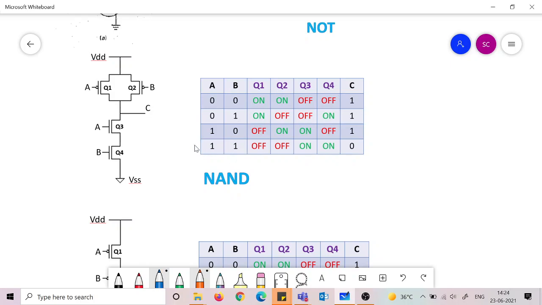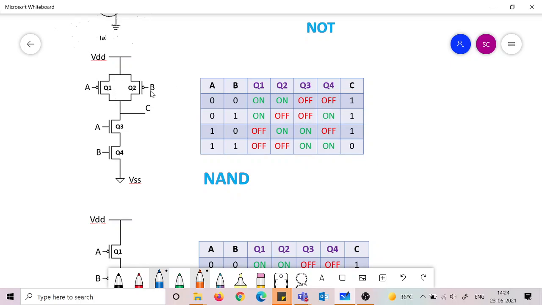So when both the inputs are high, only then the output is low, otherwise the output is high. In AND it was exactly the opposite: the output was high only when both the inputs were high, otherwise the output was low. So NAND is exactly the opposite.